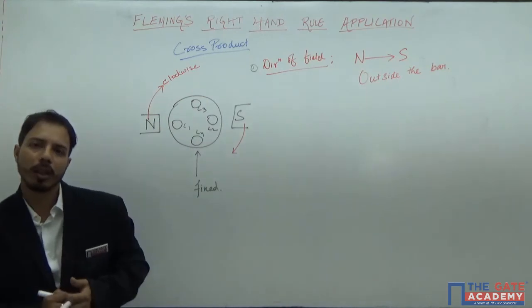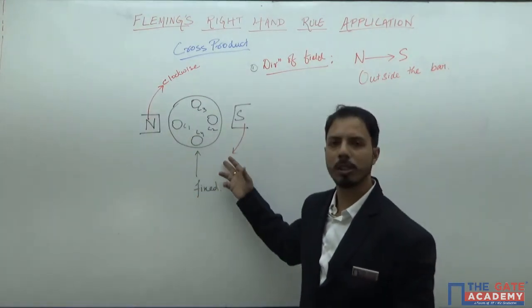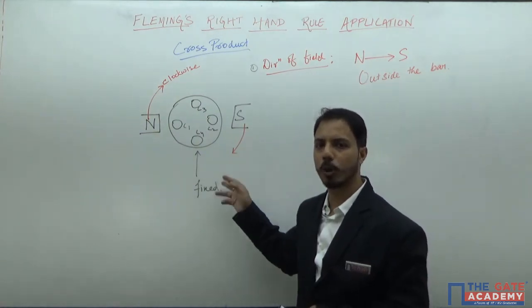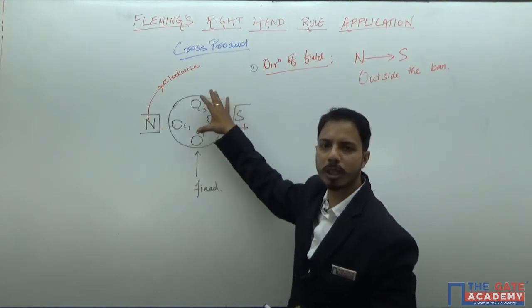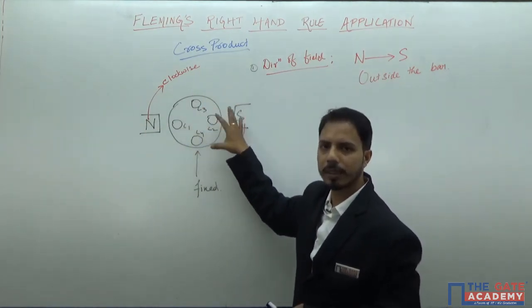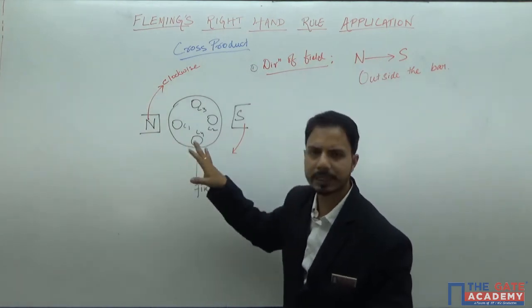Now see, if you remember, this is an example of induction motor. Now in an induction motor, what happens is, we have a rotor at the starting, and these rotors are short circuited. So we have stator.